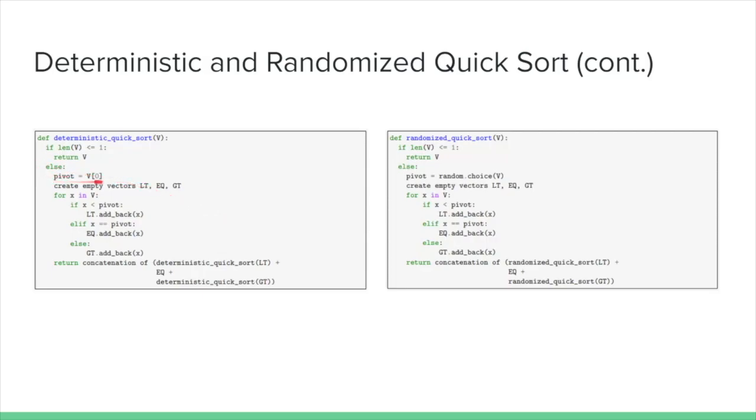The only difference is that in deterministic quicksort, the pivot will be the first element in the list, and for randomized, the pivot will be randomly picked. I'm going to show a step-by-step example of how randomized quicksort works.